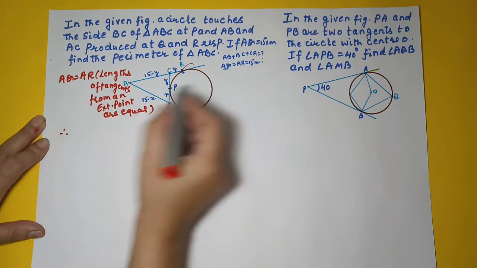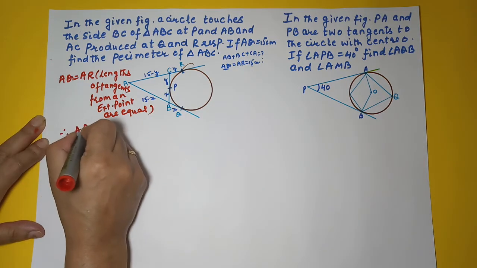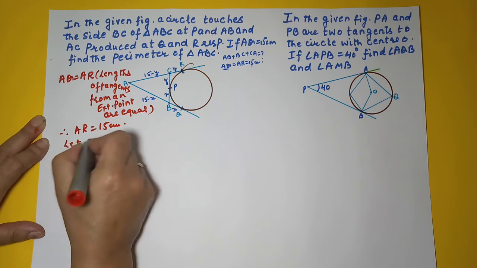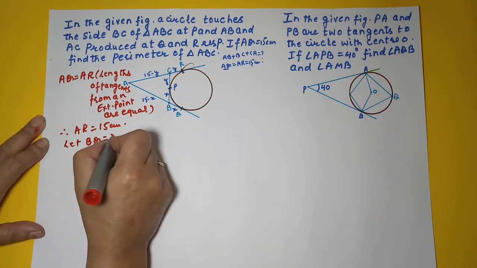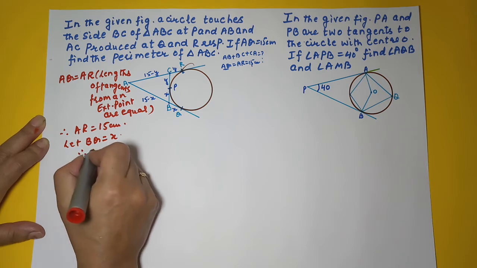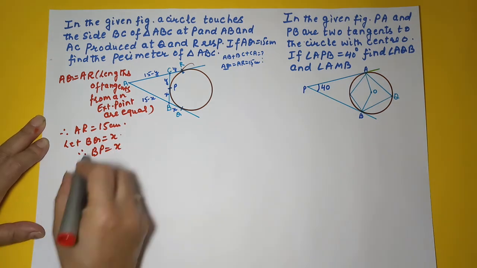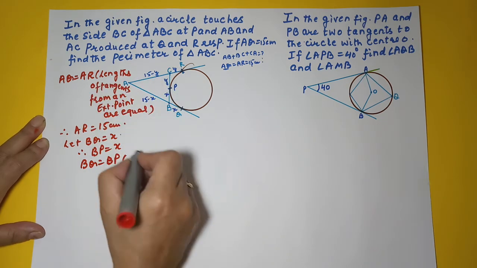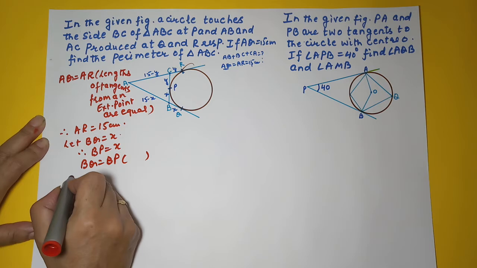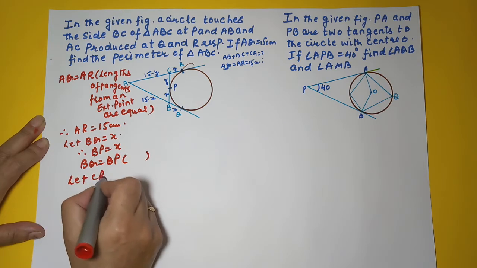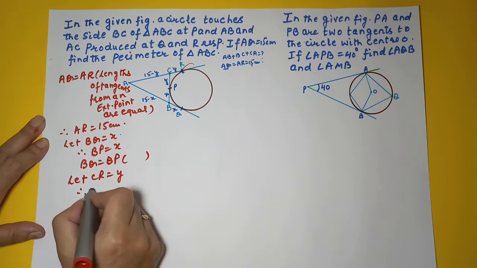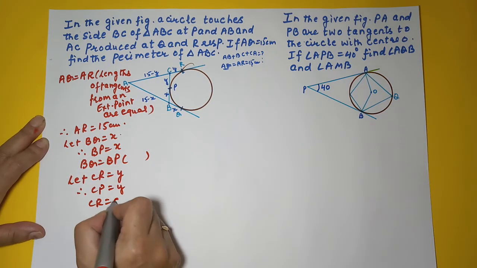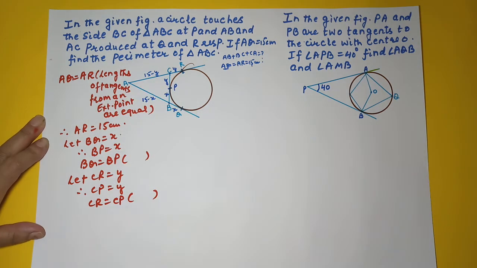Therefore, you can say that AR is also 15 centimeters. Now, let BQ be equal to X. Therefore, BP will also be X. Why? Because BQ equal to BP, and same reason you can give. Then you will write let CR equal to Y. Therefore, CP is also Y. Why? Because CR is equal to CP. You can give the same reason.